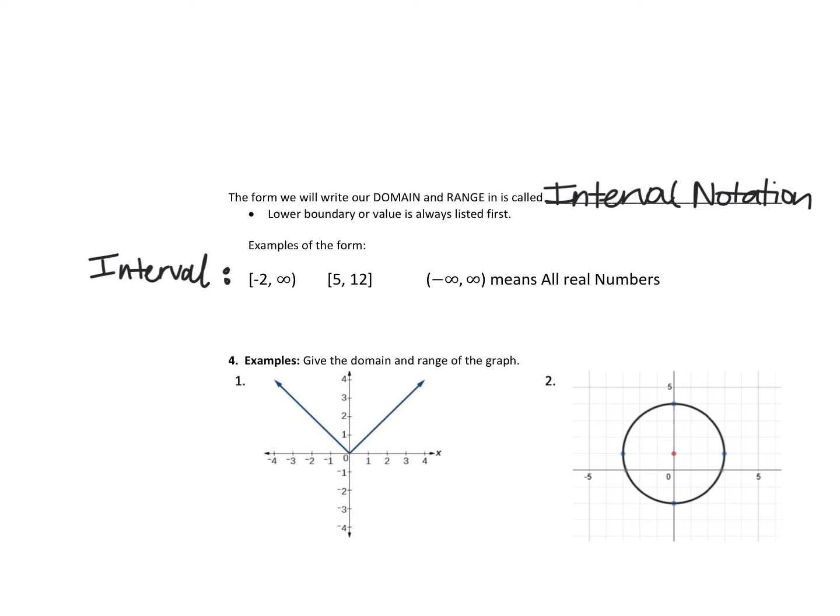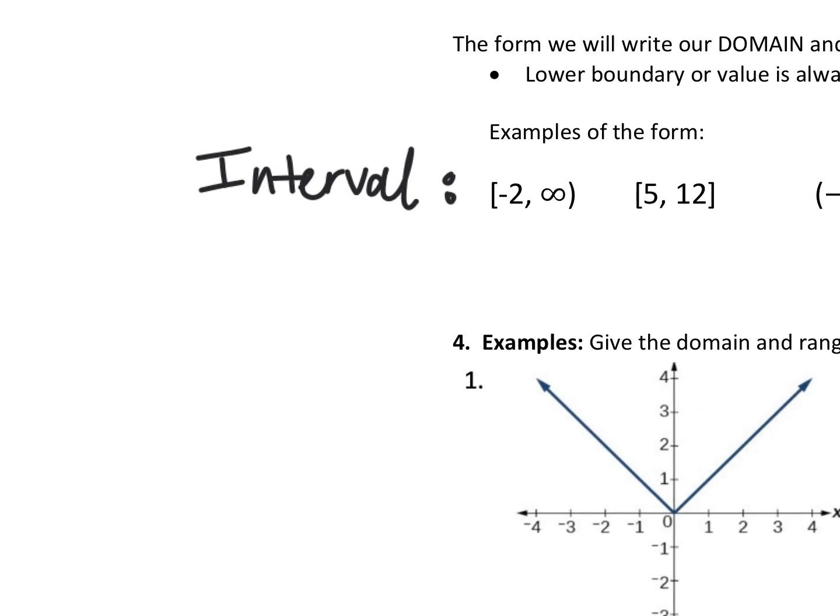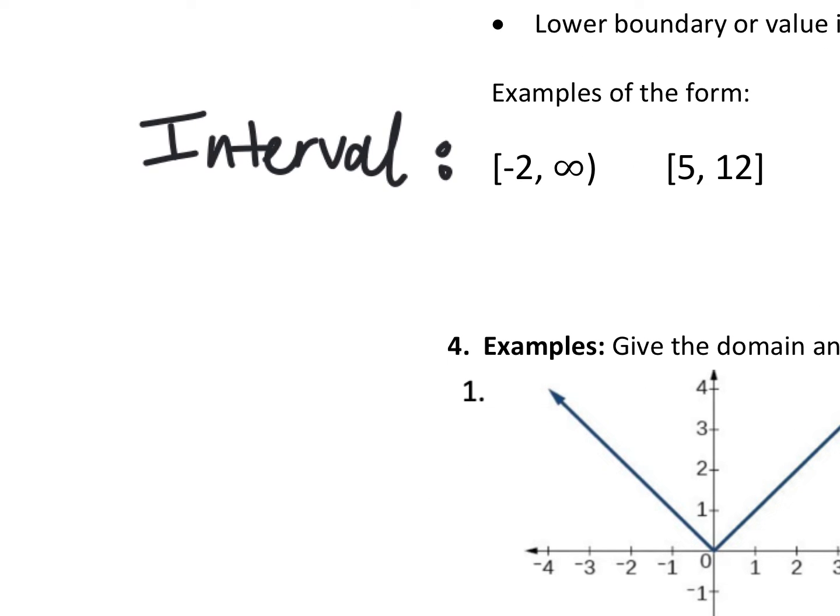It's got a bracket and then -2 and then comma and then the infinity sign. So this is positive infinity. We're going to write this in 2 different ways. So that's interval notation, but you also need to know from me today the form that you talked about in Algebra 1, which is inequality notation. Okay.